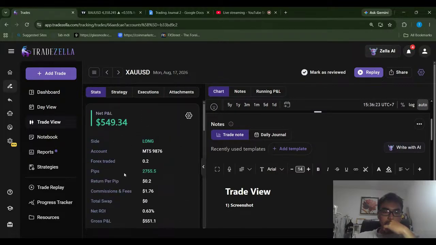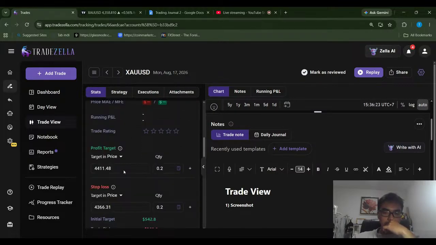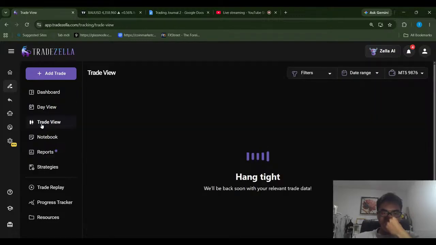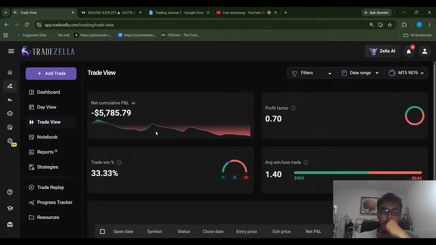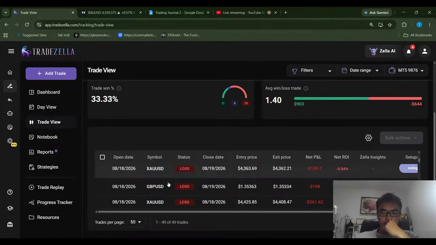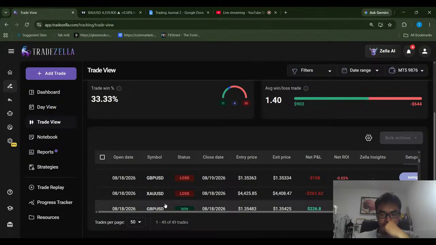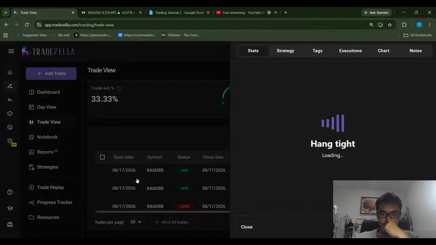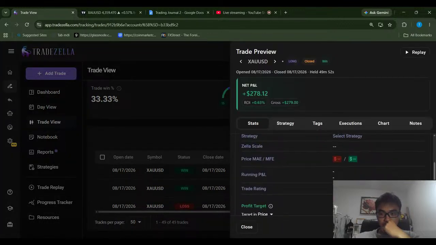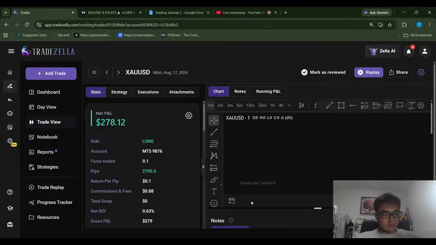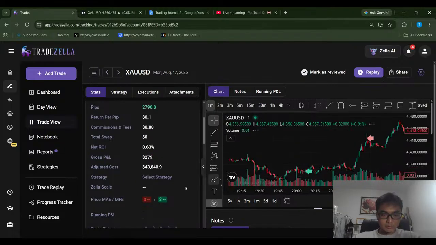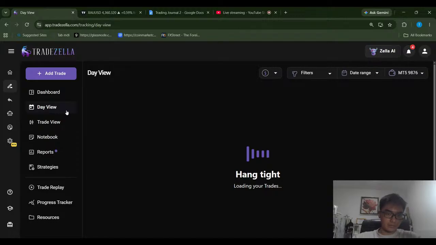I remember, I need to go to trade view. How can I add to the trade again? For day view, I go to the day view.